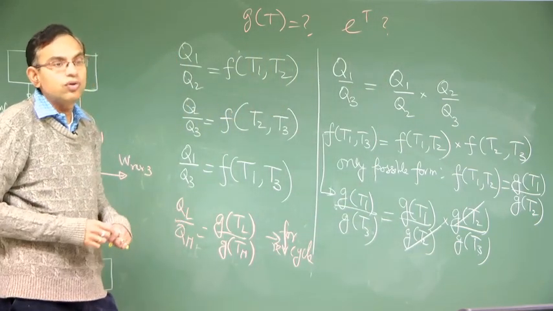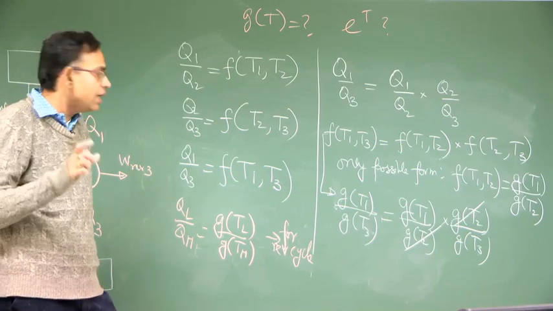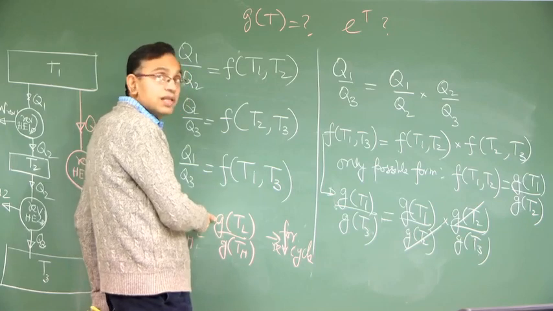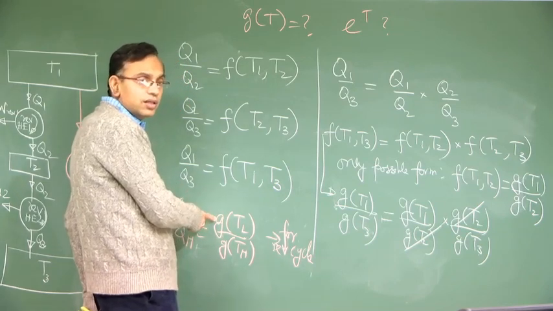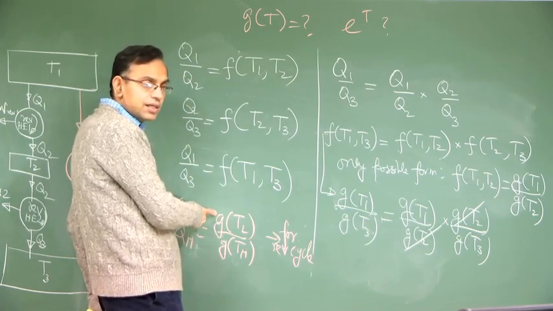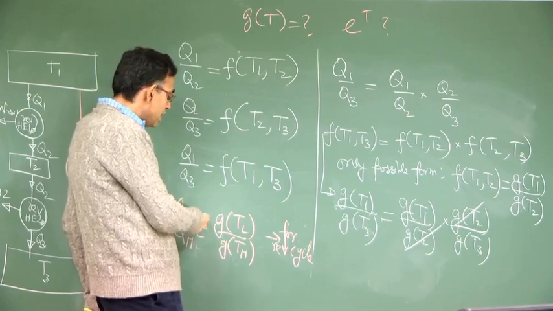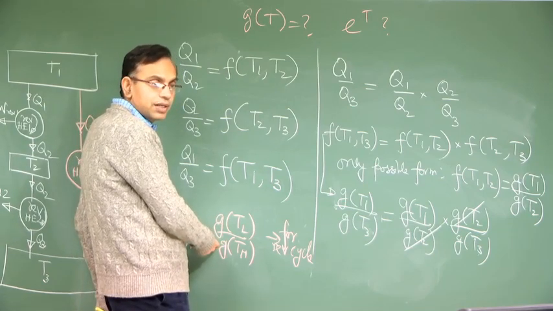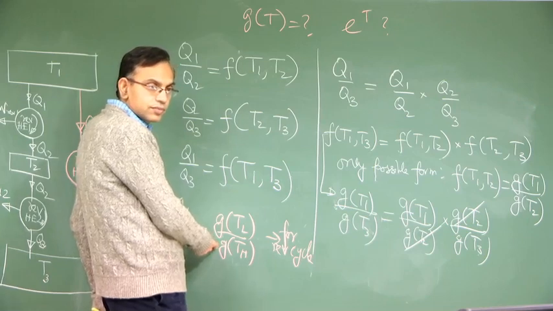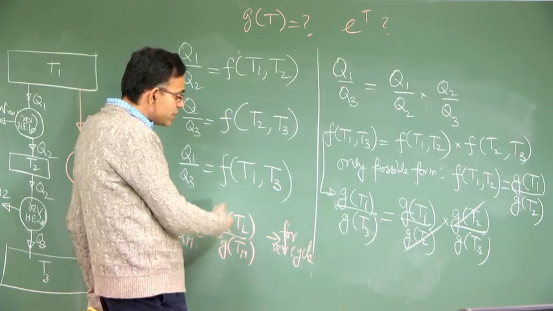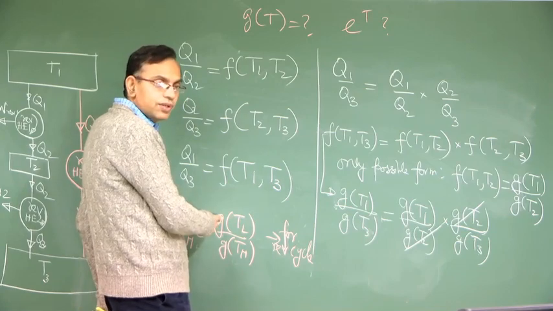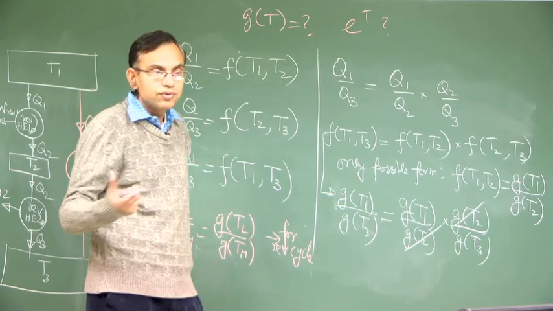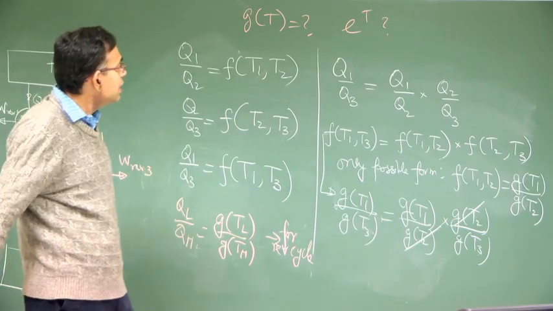Mathematically this is not ruled out, but you are interested in this function not in an effort to do some mathematics, but in an effort to describe the ratio of heat transfer in terms of some ratios of temperature. So, we should use the simplest form of the function g(t), which is t itself. So, the simplest form is a linear form.